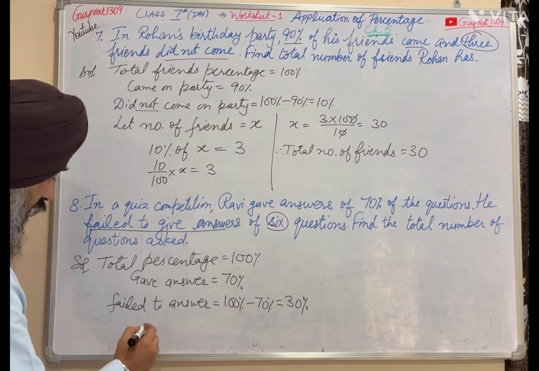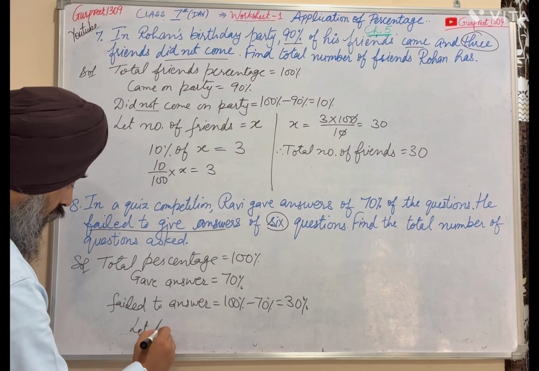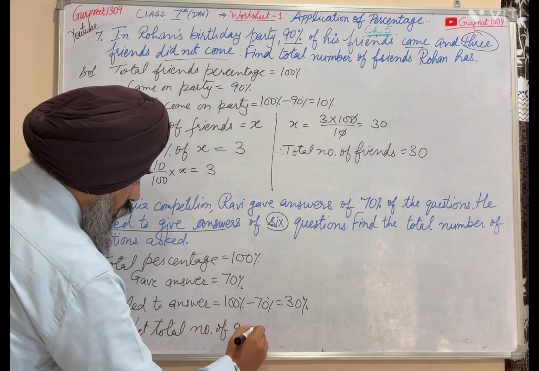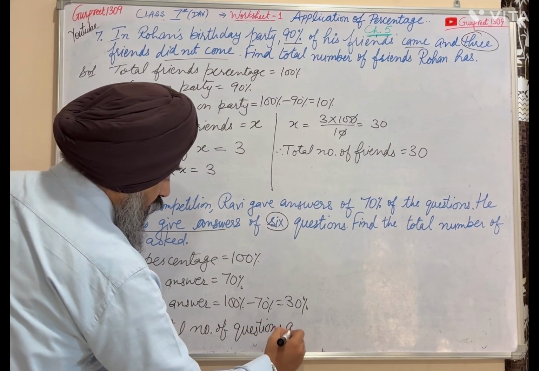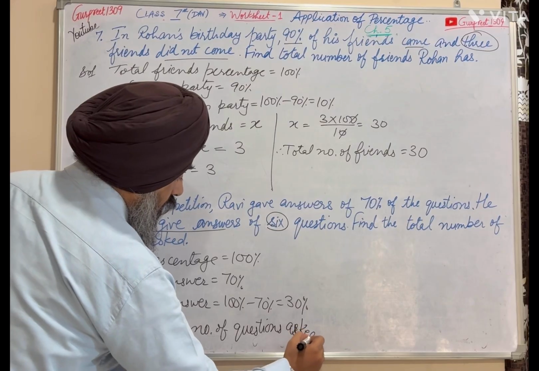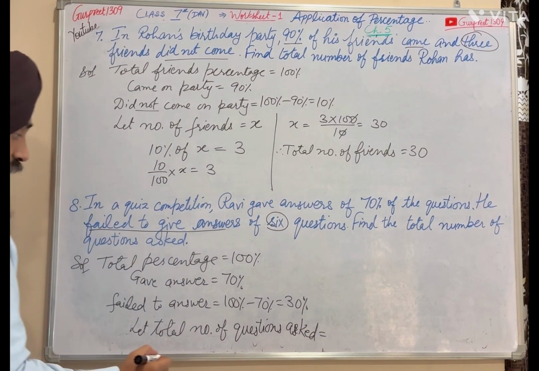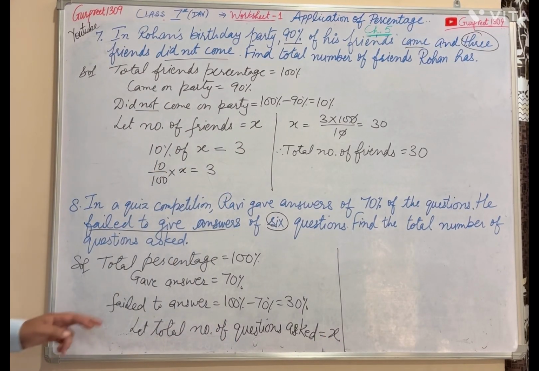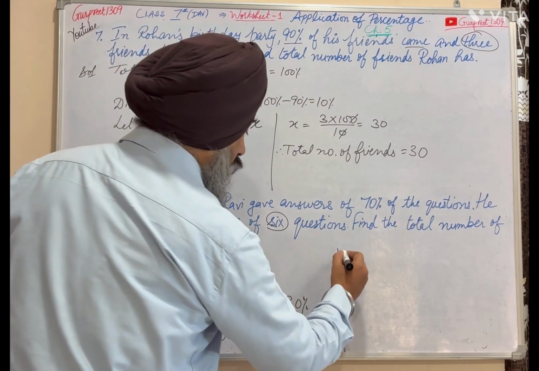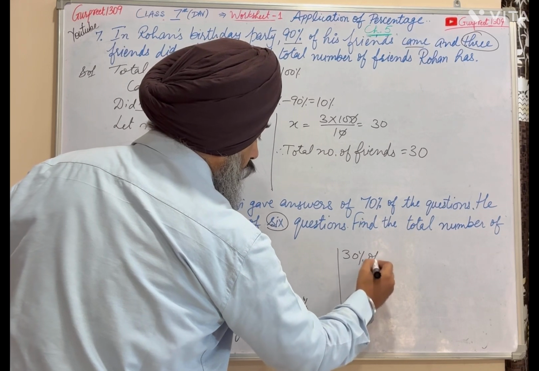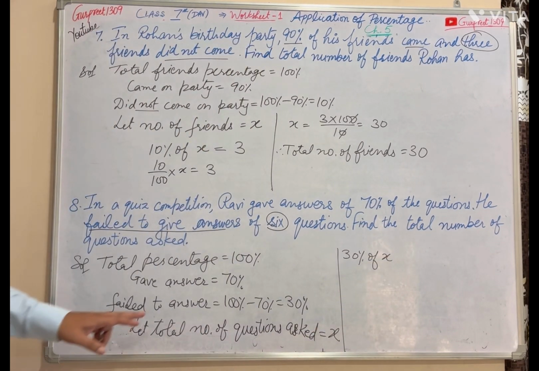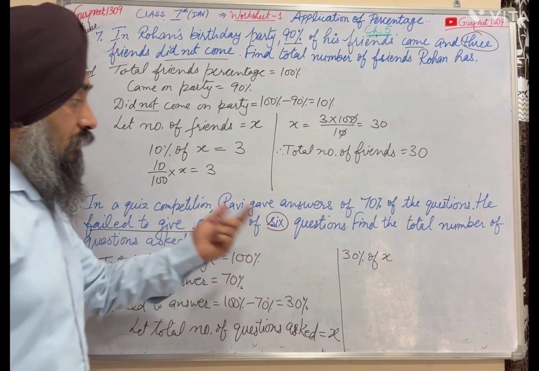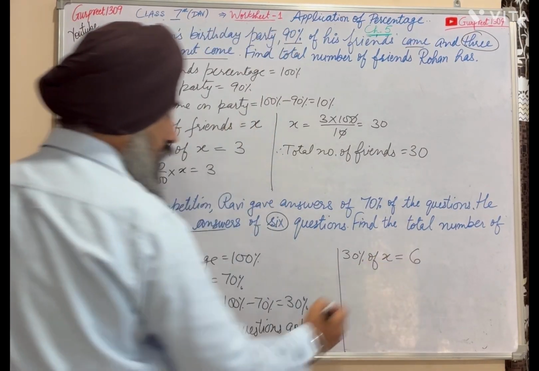Total number of questions asked. So let the total number of questions asked be X. Now failed to answer 30%, means 30% of the total is equal to 6 questions.